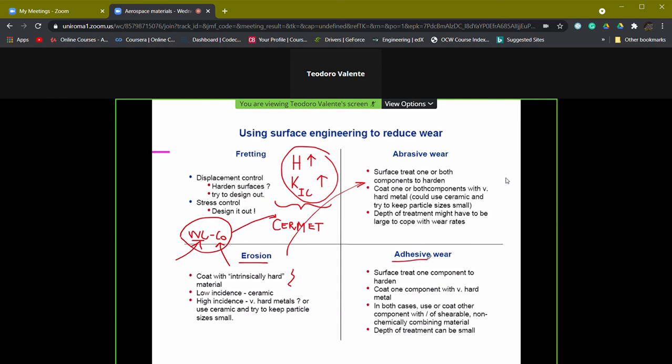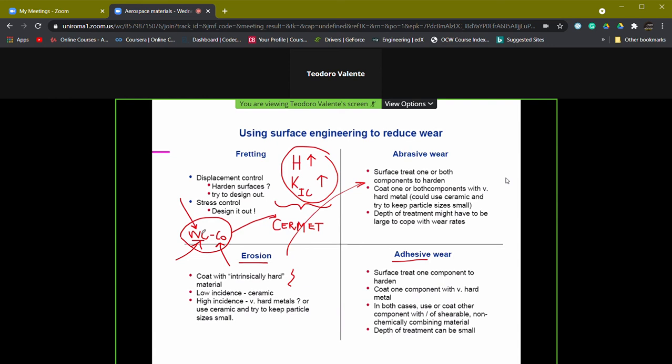Also for adhesive wear the CERMET solution gives benefits, because, having said before that adhesive wear essentially happens for metallic alloys, the presence of the ceramic phase reduces the metallic behavior of the surface, so it reduces the possibility of the formation of micro weldings, and so it reduces the severity of the adhesive wear.